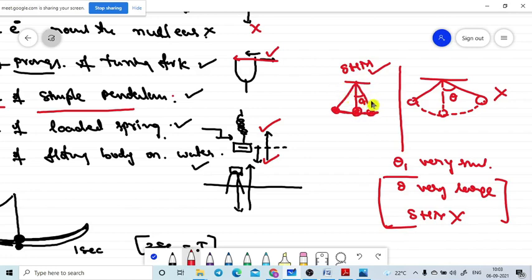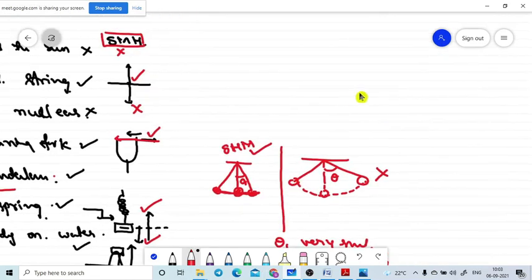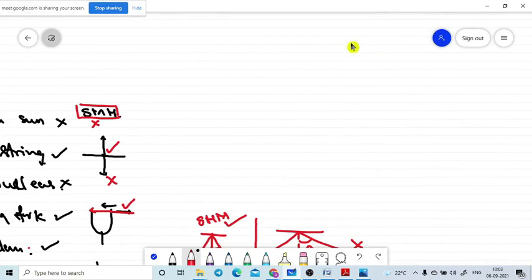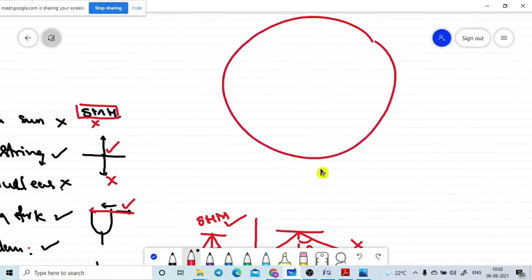Somebody may doubt why small displacement means straight line motion. Better to use a circle. Let me take one big circle. If I take a small portion, please look at this, it looks like a straight line only. Yes, sir. That is the case I am telling here also.